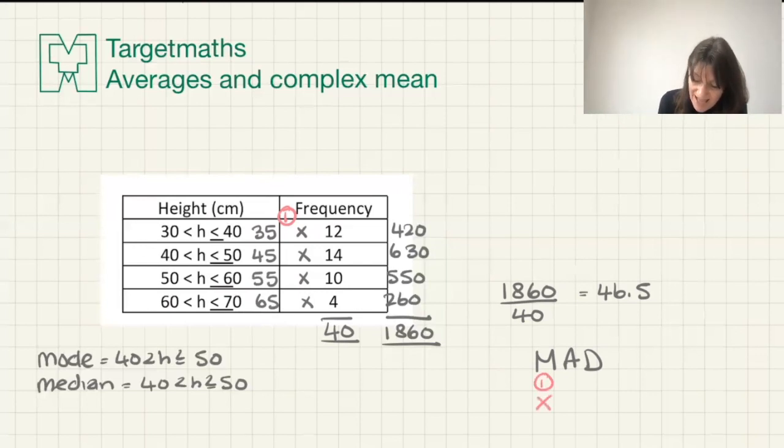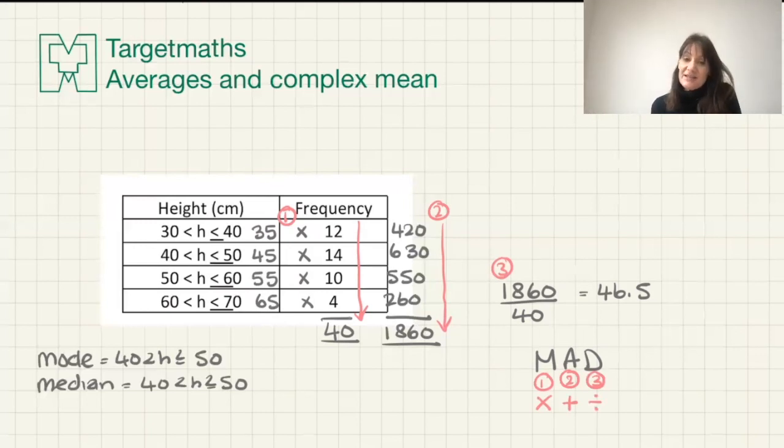We then added these totals. That was our second step, and our second step was to add. Our third step is here, where we divided. So the divide is the D. So that is the MAD method for finding an estimated mean.